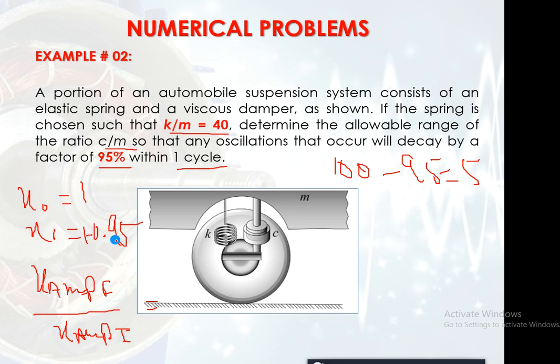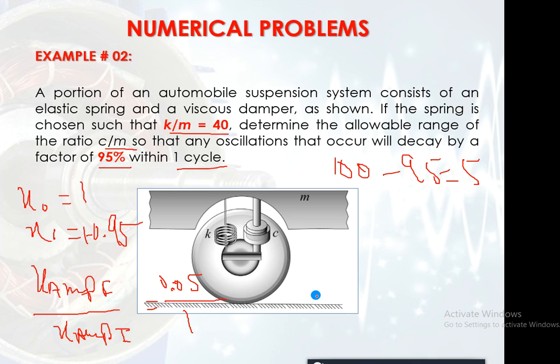The final amplitude is only 5%, that means 0.05. What is the initial amplitude? That is 1. So from this we can say this will be the ratio of the amplitudes that will be left over.